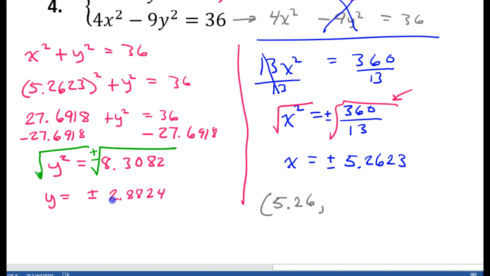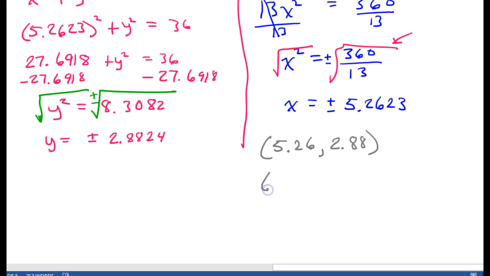I'll round this to 2.88. And then we have this second y value, so I also have positive 5.26, comma, negative 2.88. So those are two solutions.